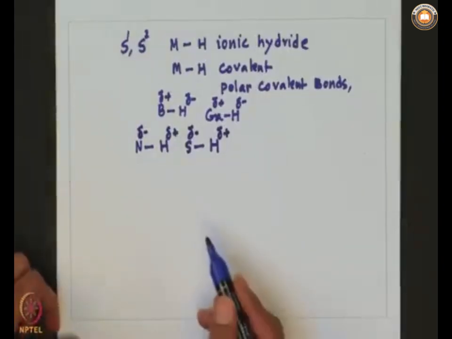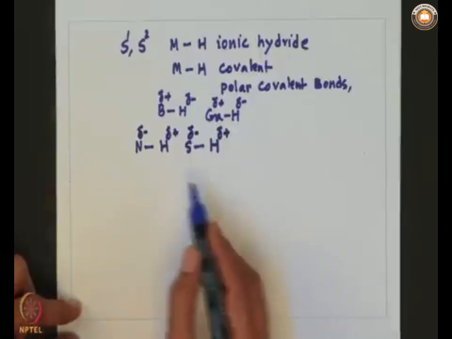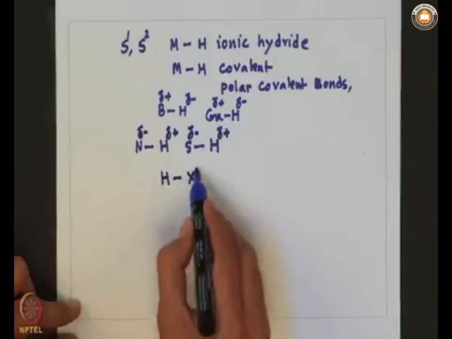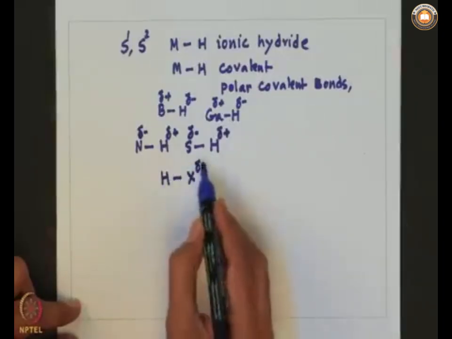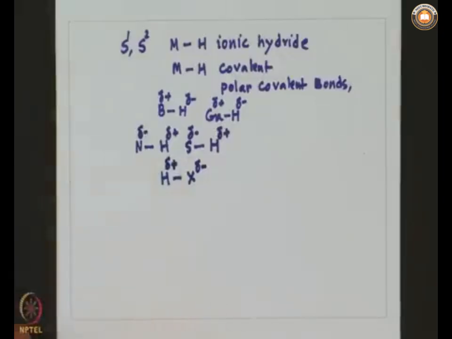In case of hydrides of halogens, all halogens carry delta minus, whereas hydrogen carries delta plus charge.